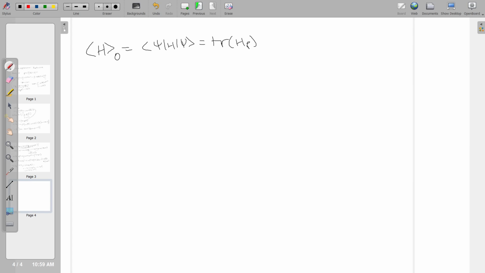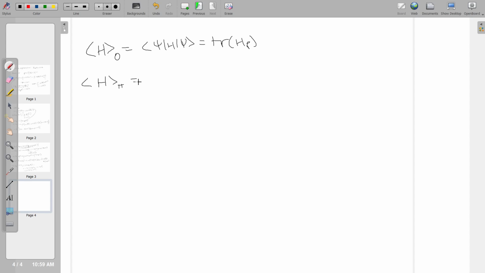And the second note is that if we have h of pi, remember that this is just the negative expansion.